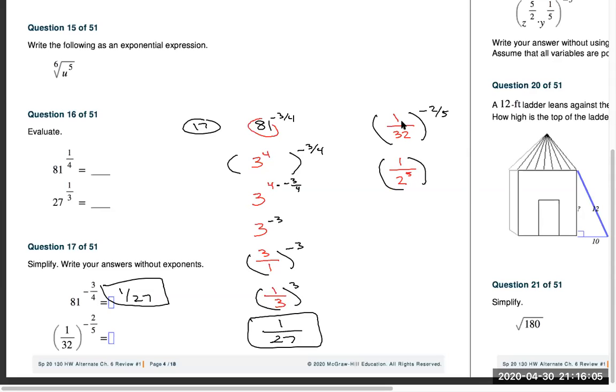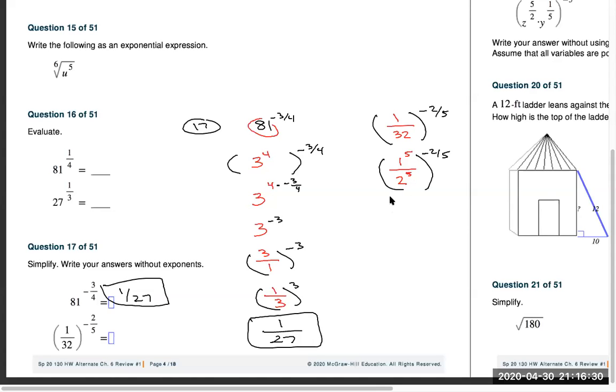As a matter of fact, I can even do a little extra here. So 1 to any power is going to be itself, 1. So 1 is the same as 1 to the 5th, and 32 is the same as 2 to the 5th. You have a negative 2/5 power out here.